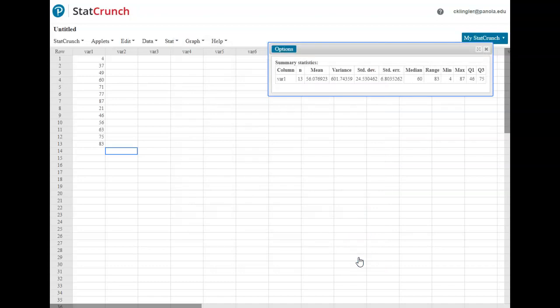And remember, your 5-number summary is your min, then Q1, then the median, then Q3, and then the max, in that order. Make sure you put them in order. They're not in order on this printout, but it should be from least to greatest. So your minimum, Q1, median, which is Q2, Q3, and then the max is 87.